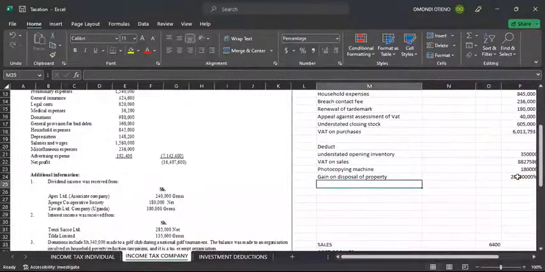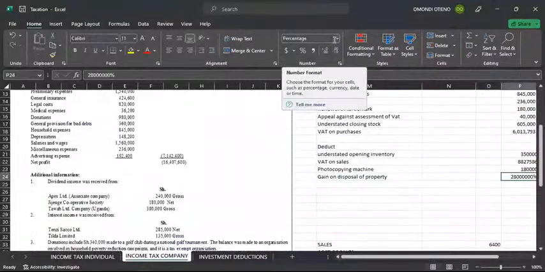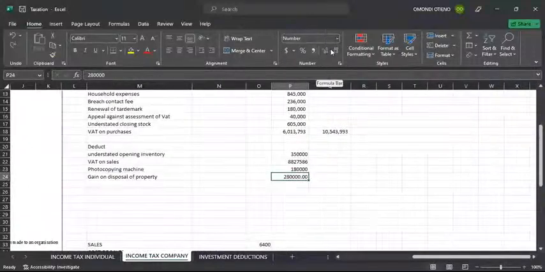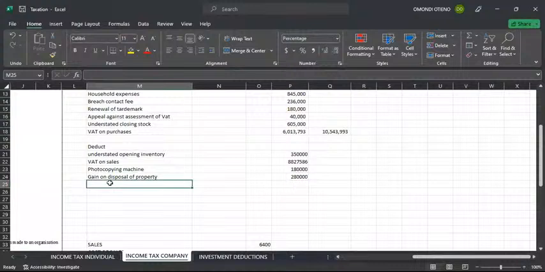So let's get back to this place. Any other item that is remaining, which we need to deduct, within the data given?